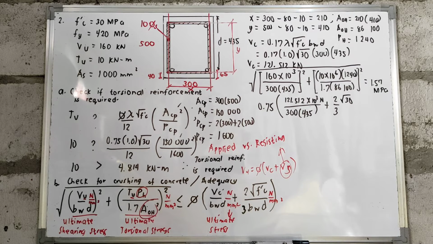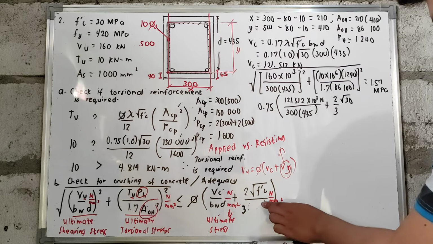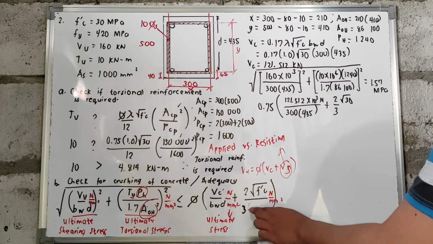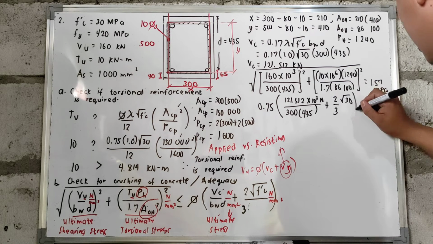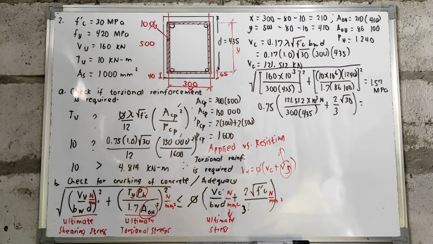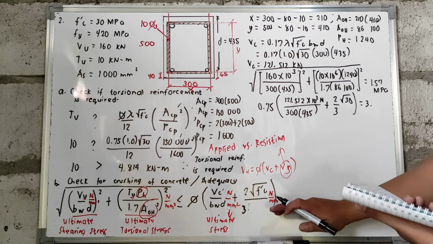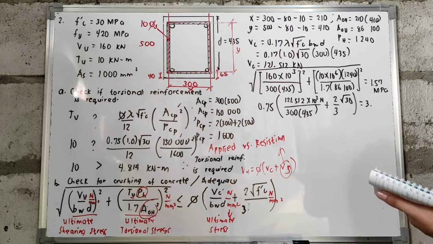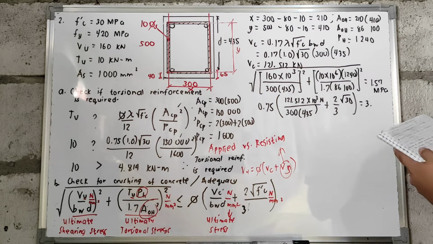So sa mga formulas natin, I stand corrected, wala pala to, no? Yung BWD natin. So wala yung BWD natin dito sa resisting natin. So we have a value which is equal to 3.437 megapascal. Ito yung capacity nung beam natin to resist yung applied stresses natin.